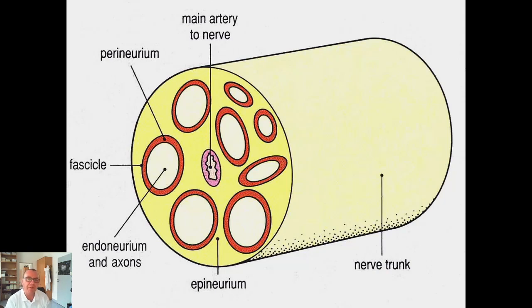If multiple, each bundle or fascicle of axons is surrounded by a very special layer called perineurium, and the whole nerve is surrounded by epineurium, which penetrates among the bundles and fills all spaces among bundles of axons.